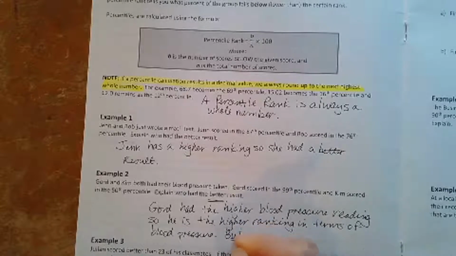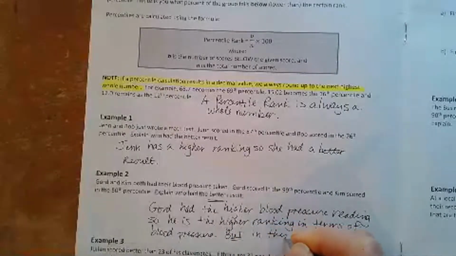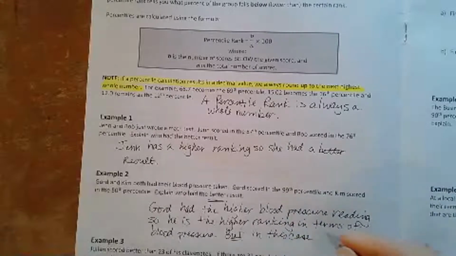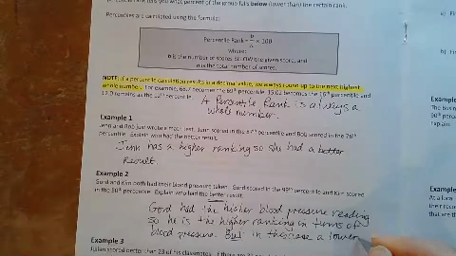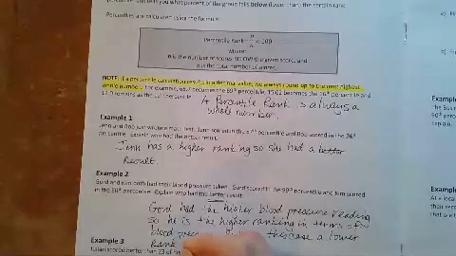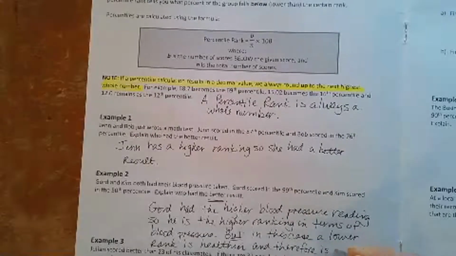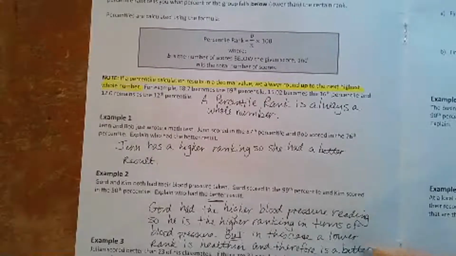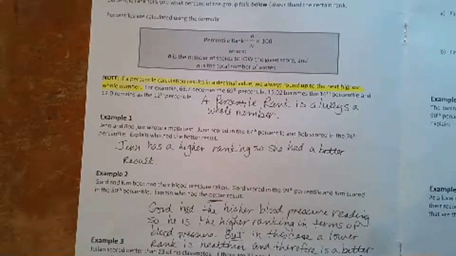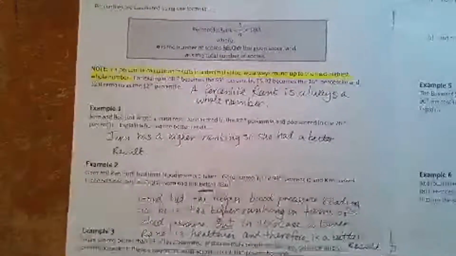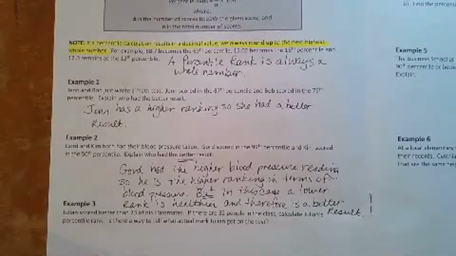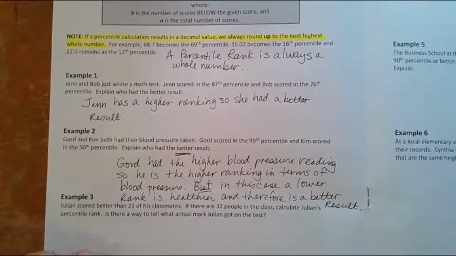But in this case, a lower rank is healthier and therefore is a better result. So you have to really know what you're studying too, right? If we're talking about blood pressure, you want to be in the lower ranking, right? But he does have the higher ranking regarding blood pressure.